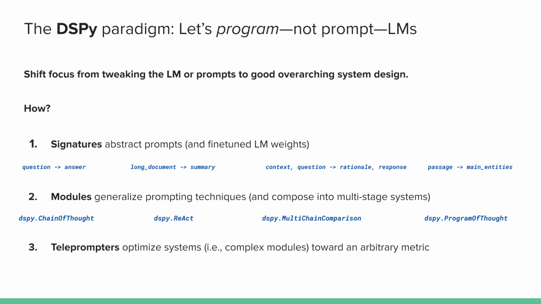So for example, you could have a chain of thought element that takes questions in and generates answers. And instead of thinking about how you would condition a language model on a long prompt or few-shot examples or very specific instructions in order to do that, or how you can find a fine-tuned model or maybe construct it yourself to do that, you're simply going to say, I'd like the behavior of taking in a question and outputting an answer to be assigned to a chain of thought module that I'll then use in my system.